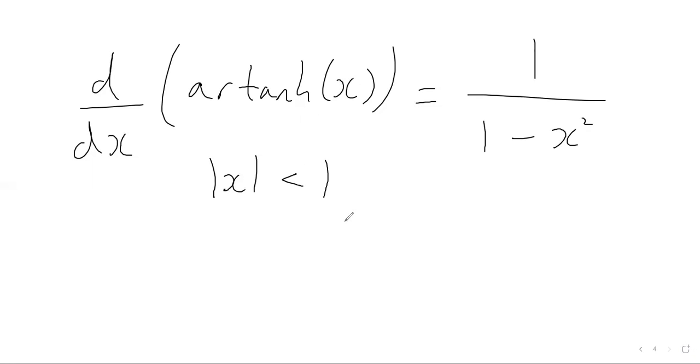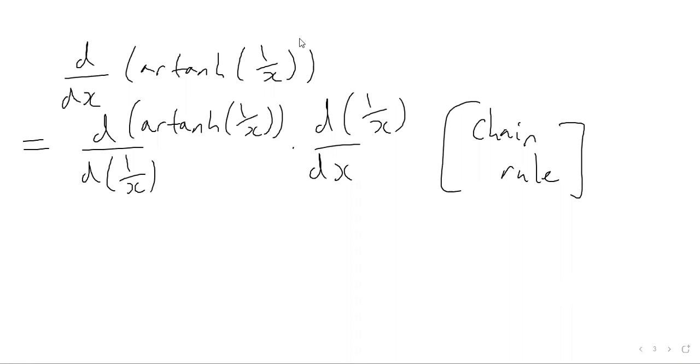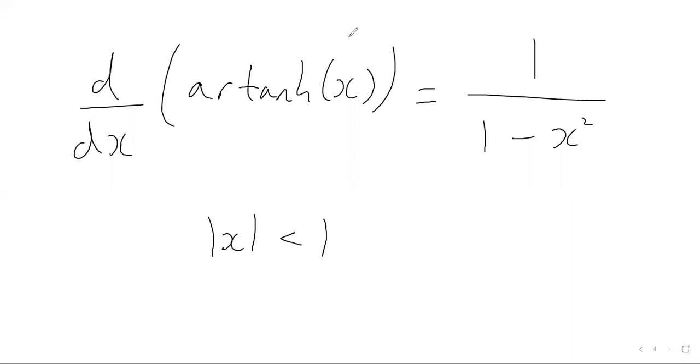That's our derivative there. Because we want to differentiate the artanh of 1 over x function with respect to 1 over x, we just swap the variables: swap that x with the 1 over x, and that x with the 1 over x, and that x over there with a 1 over x.